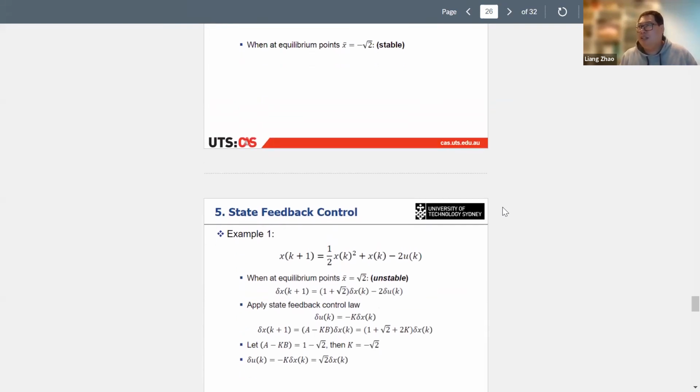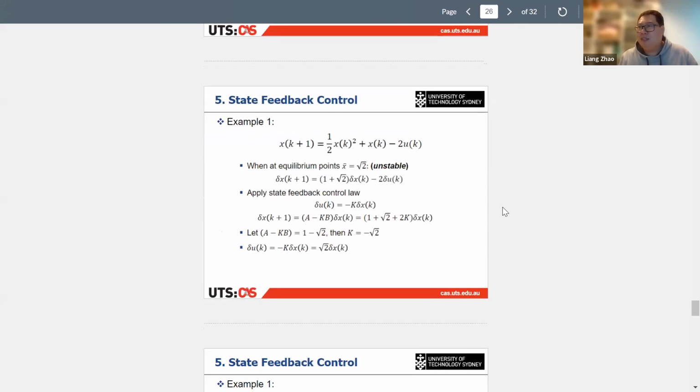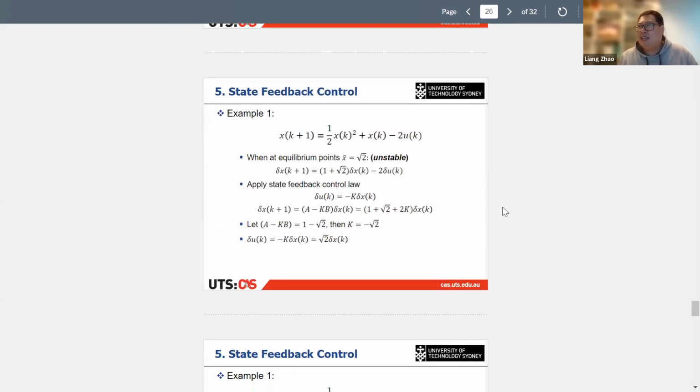But the only thing is, when you get k, suppose you make A minus BK, which is 1 minus square root of 2, right? Then you get k is minus square root of 2.